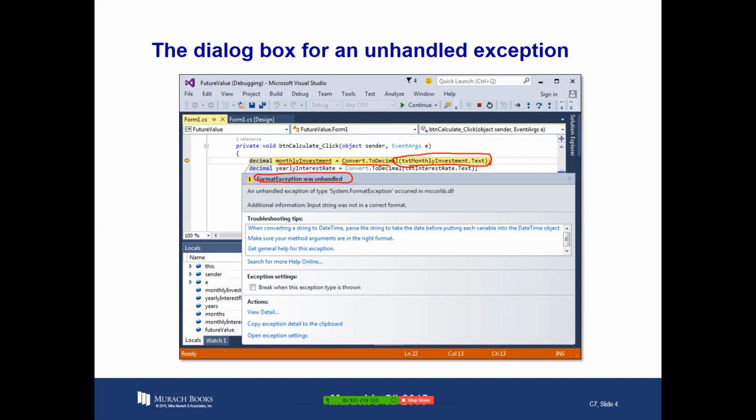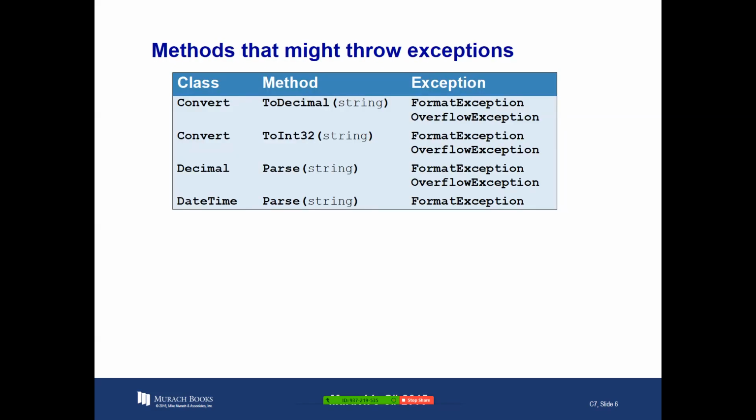You didn't have a try catch there to try to handle it. This is the name of the exception, and further information is the input string was not in the correct format. And this gives you some ideas of why it could have happened. And so that's an unhandled exception.